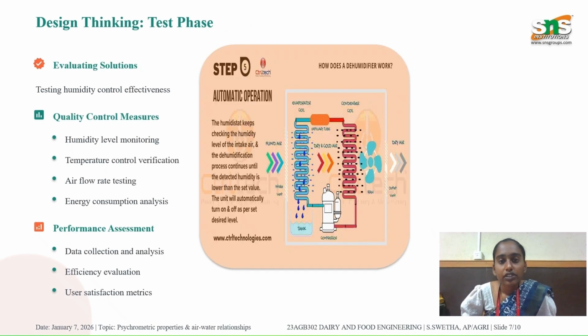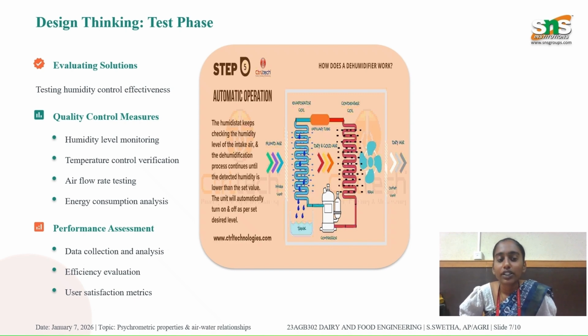And the test phase. Before getting into the pilot phase, we can try some equipment in the laboratory, like small equipment, to check how much potential it has, like quality control measures such as humidity level monitoring. We can implement small batch size equipment to check the humidity and temperature, how the airflow rate is done, and also energy consumption analysis.